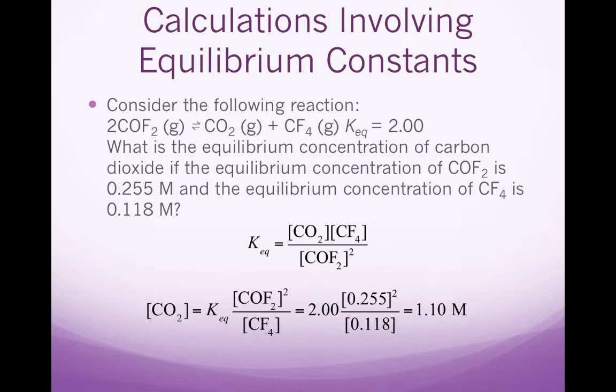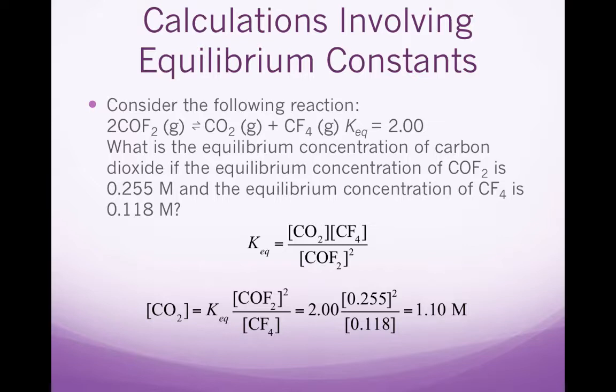So again, the first thing we want to do is figure out what our KEQ is. Our KEQ in this case is equal to the concentration of carbon dioxide times the concentration of CF4 divided by the concentration of COF2 squared.